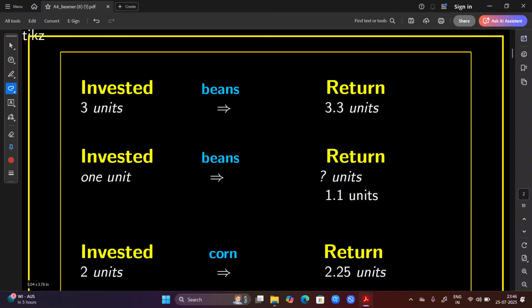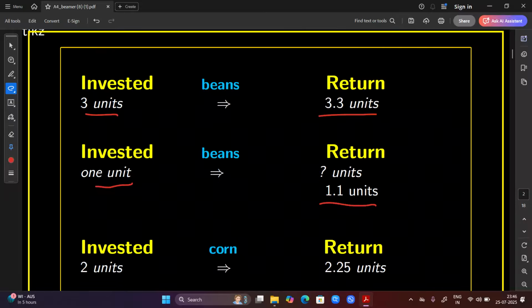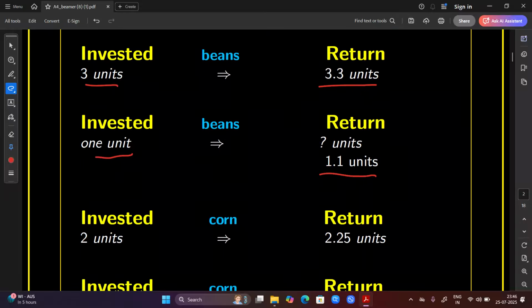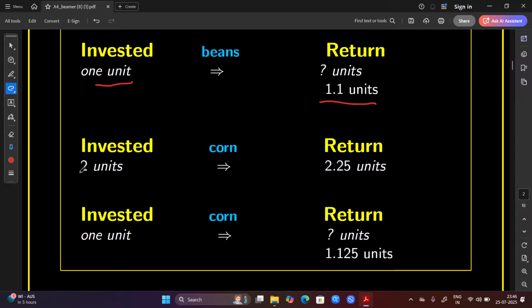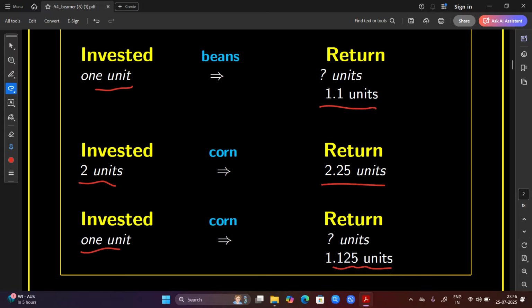Just see here, for 3 units of investment, the return is 3.3 units. For 1 unit, how much? That is 1.1 units. And for 2 units of investment, the return is 2.2 units. And for 1 unit, how much? Because the investment is not the same, we fix it for 1 unit.